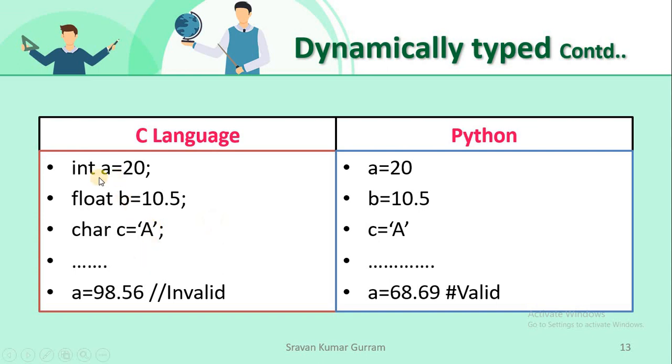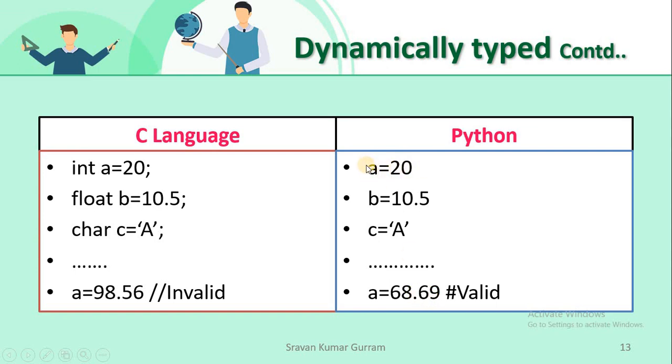And see, I declared in the C language A as int type. After some statements, if you try assigning a float value to the integer variable A, this becomes invalid. But coming to Python, I stored an integer value into the variable A. If you want to store a floating value into A again, that is also valid.